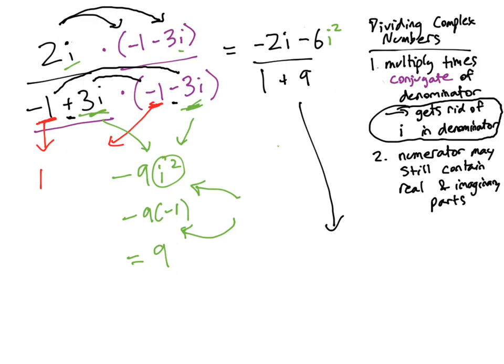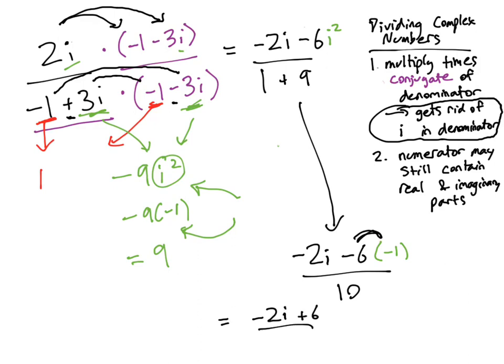So we could rewrite this all as negative 2i minus 6 times negative 1 all over 10. Now when we simplify this, let's first just multiply these two numbers together. So that gives us negative 2i plus 6 over 10.